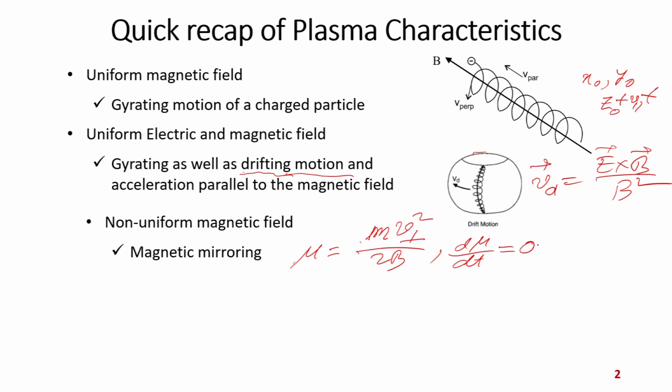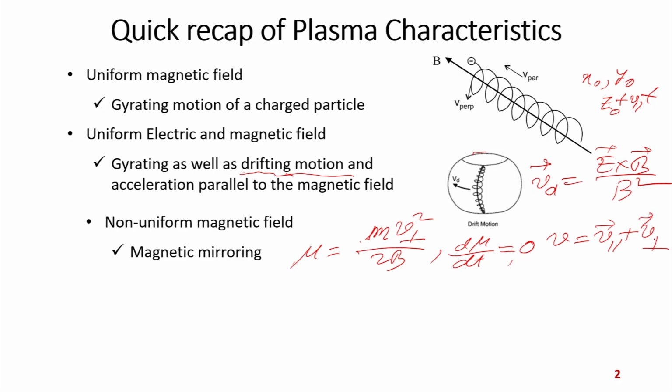What happens in order to maintain it constant? Suppose B has increased. In that case, the perpendicular component of the velocity must also increase, so that mu is constant. Now, the velocity has a parallel component as well as a perpendicular component.